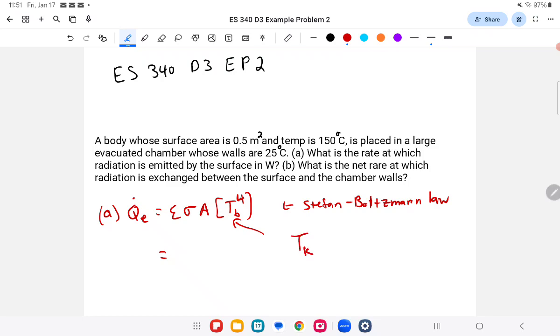So that's what we'll do here. We'll convert to absolute temperature. The temperature in Kelvin is equal to the temperature in Celsius plus 273.15. Now your book often will round that to 273, so just be aware of that. In any case, we get epsilon, which was 0.8. I think I forgot to write that in this problem.